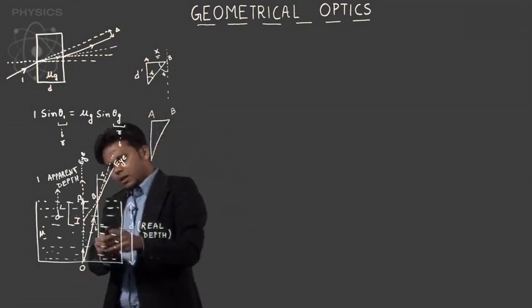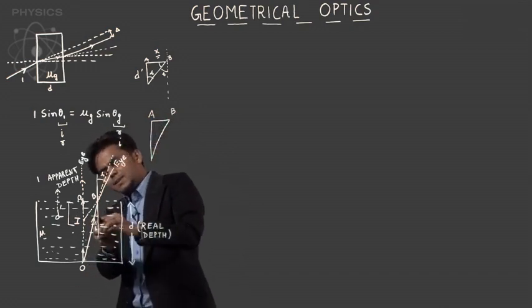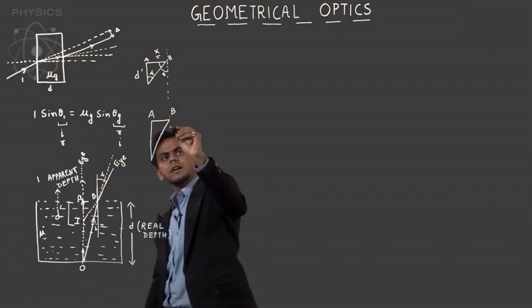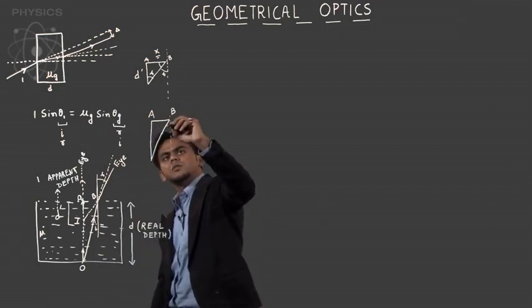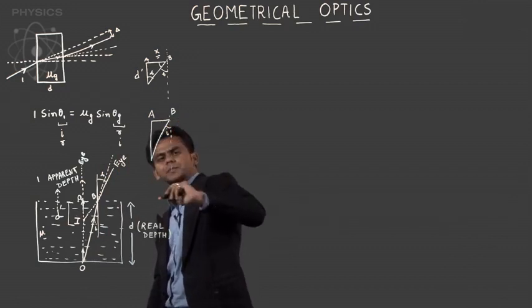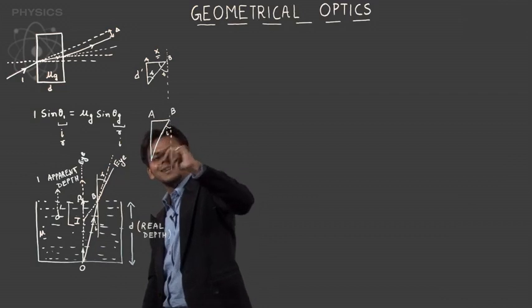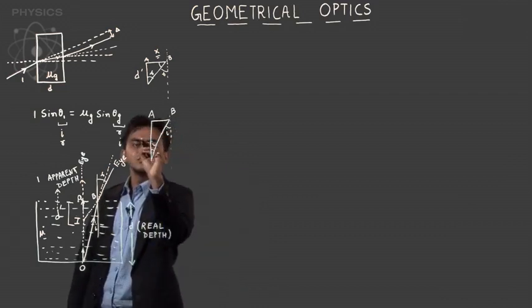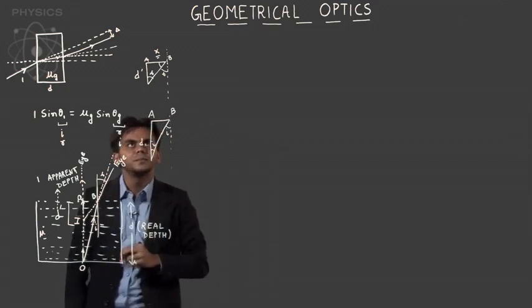Now, for this bigger triangle, this angle is I. If this is I, this is 90 minus I, this is I, and in other words, these two are parallel lines. So this has to be I. And this thing is your D, real depth.